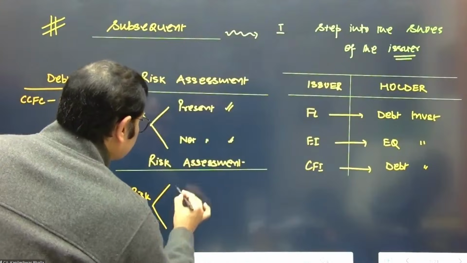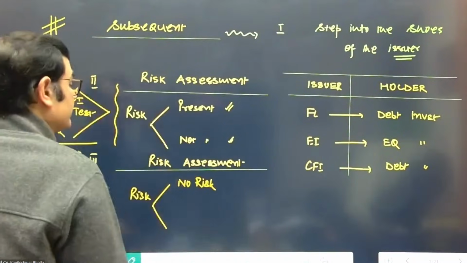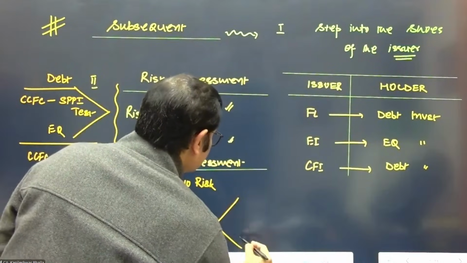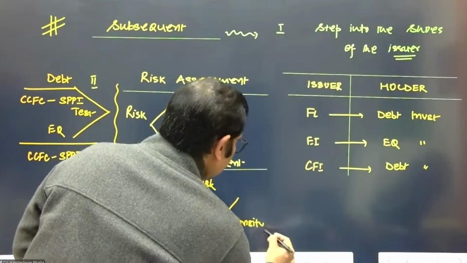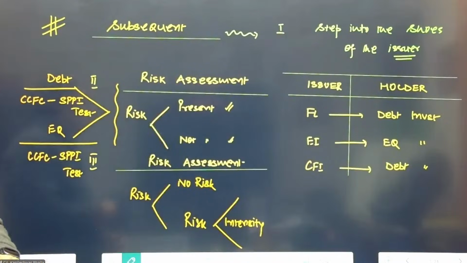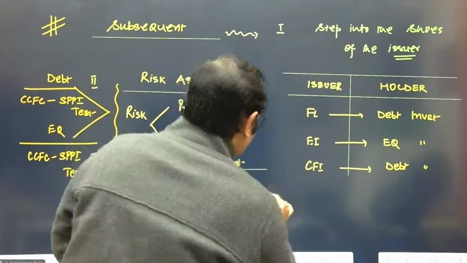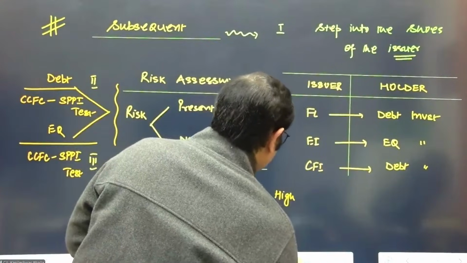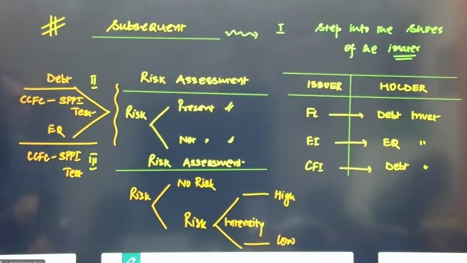If you say that yes, there is no risk, you reconfirm that there is no risk. And when you say there is a risk, we start looking at the intensity of the risk. You would land up saying either the risk is high or the risk is not that high, comparatively less.